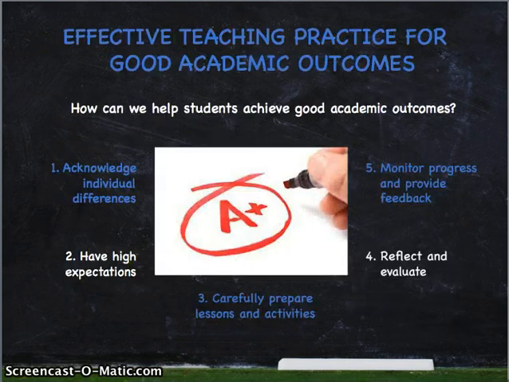Western Australia's Department of Education and Training website has some recommendations for teachers to help students achieve good academic outcomes. First, it is important to remember that students develop at different rates and that in every classroom there will be a range of students' abilities and aptitudes. Second, we should strive to motivate and engage our students in learning and do everything we can to assist each student achieve their goals.